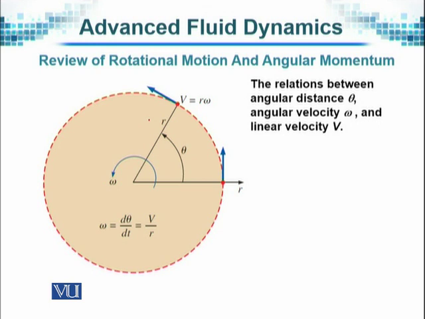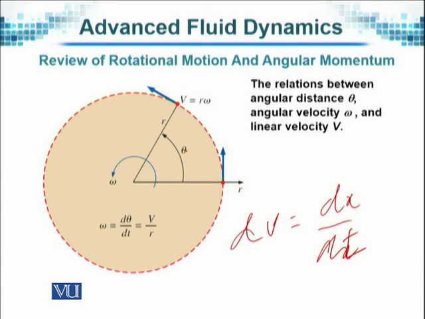So for example, v is always equal to dx by dt, where x is considered to be small. Likewise, theta is considered to be a small distance covered in the small time dt, and from there we have omega, the angular velocity, and the relationship that is developed.